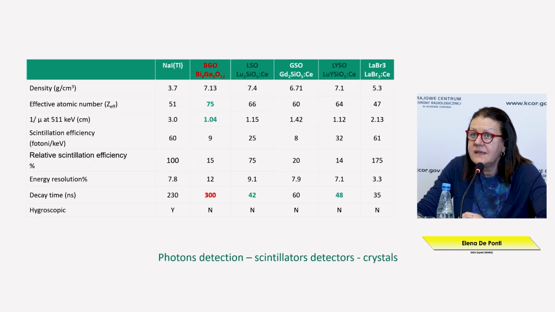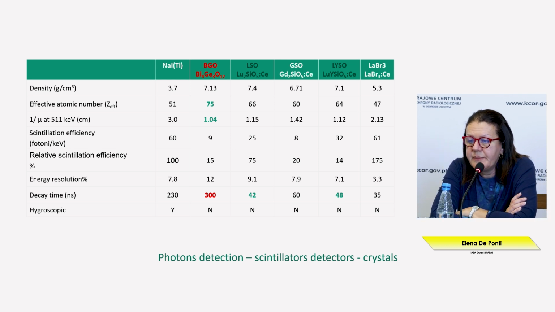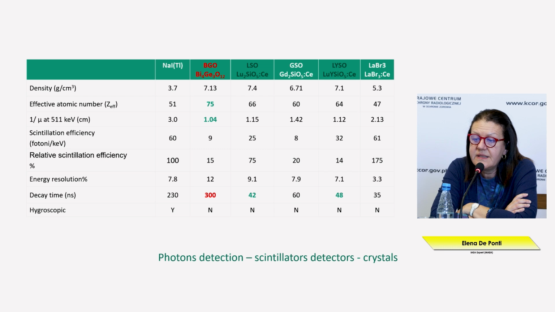For the crystals, we have said that we have many different characteristics and parameters that can be used to evaluate which is the best and which are the general performances of a scintillator crystal. And for BGO, the most important parameter is its effective atomic number.